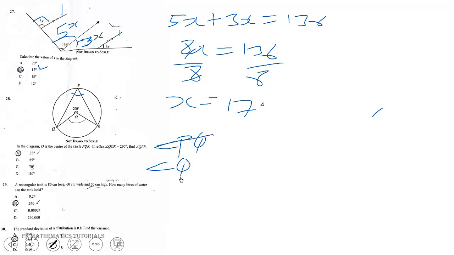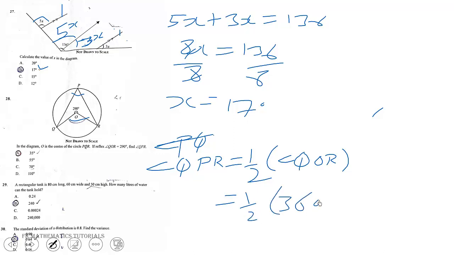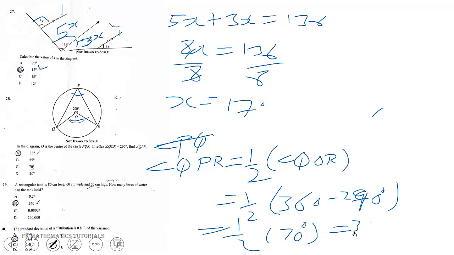Angle QPR is equal to half of this angle, which is angle QOR. So angle QPR will be equal to half of 360 minus 290 degrees. So that will be half of 70 degrees, and that is equal to 35 degrees.